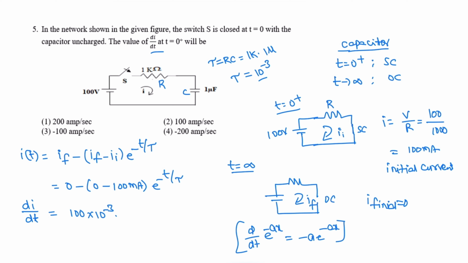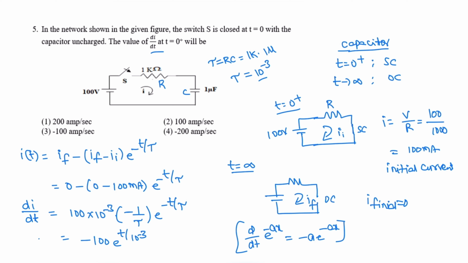So its value is minus 1 by tau e power minus t by tau, which is minus 100 e power minus t by 1 millisecond, that is 10 power minus 3.